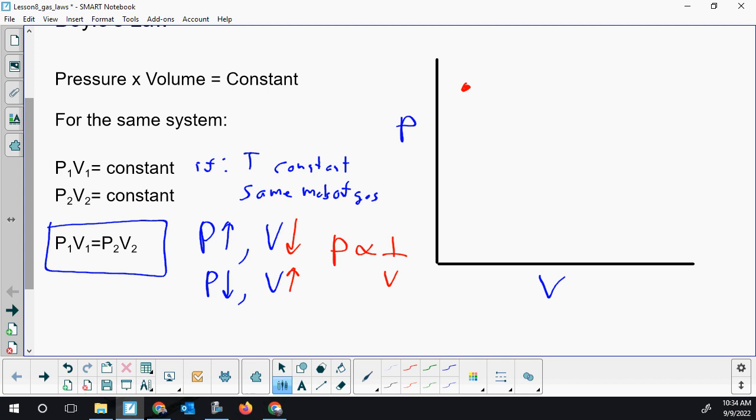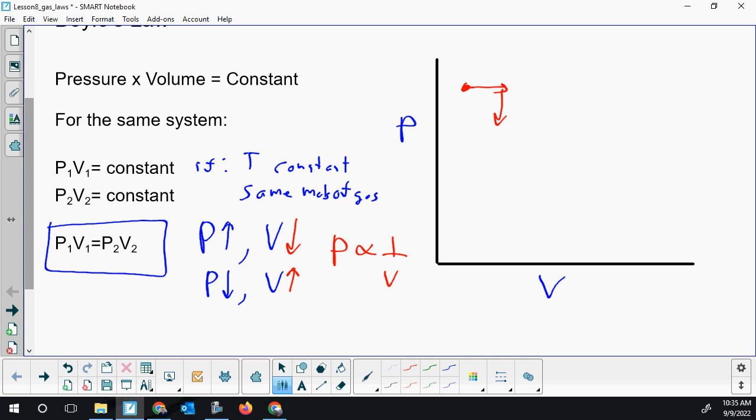Don't write them in. I'm going to take them out, but I want to visually do the inverse. If I go that way on the x-axis, that would be bigger volume. So what would the pressure do? Volume gets bigger, pressure goes down. So I've got to go down with my point.